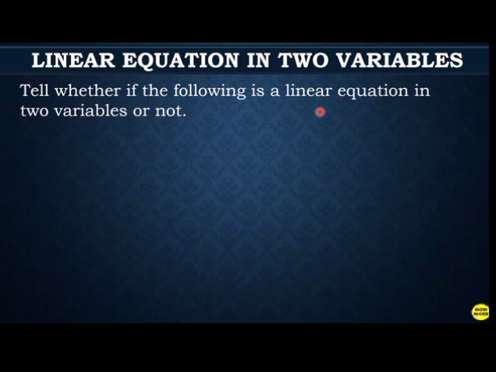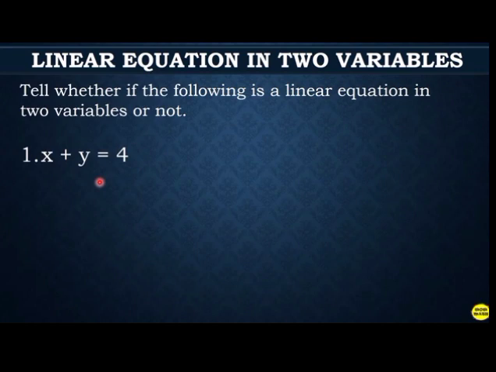And when we say linear, it must be in the first degree. When we say first degree, the exponent or the highest degree must be 1. So the linear equation in two variables should be of the first degree and have two variables. So let's have an example.